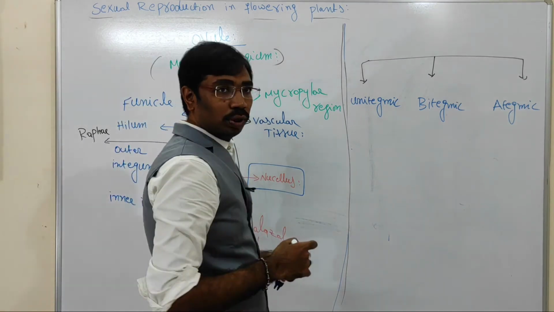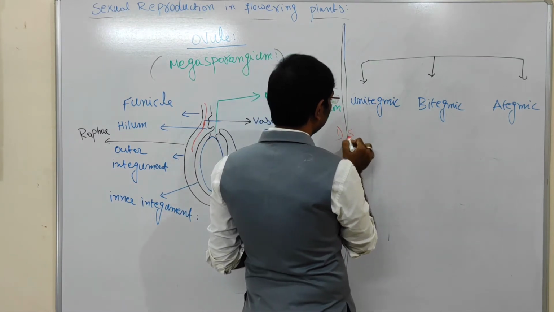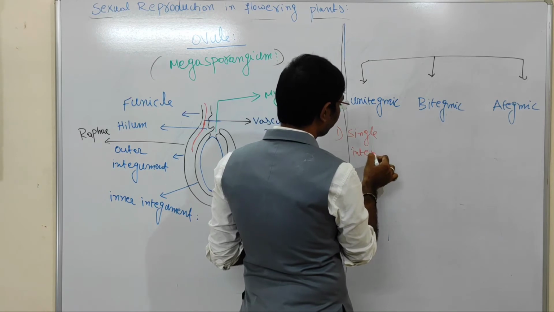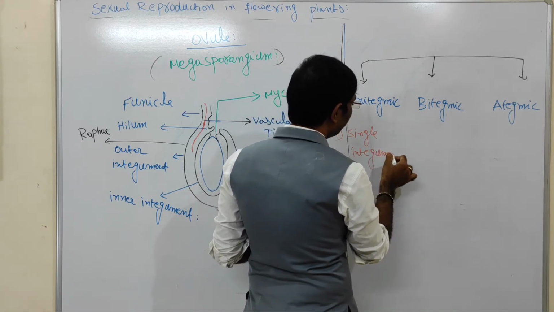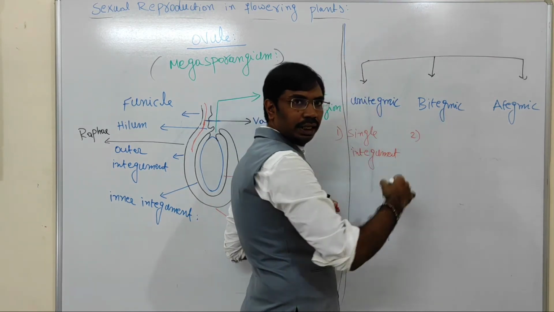In some plants two integuments are present, that is called bitegmic.